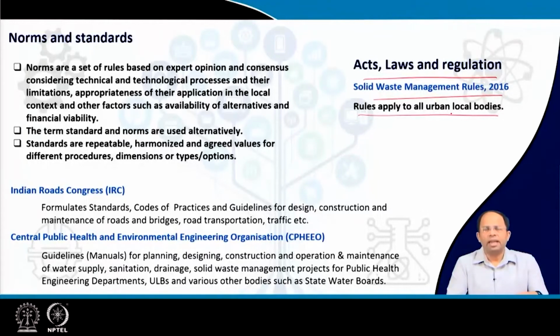And then certain techniques have certain limitations and should not be applied somewhere. These are also guided by experts, as to where they should or should not be provided. Similarly, the alternatives appropriate for a particular area are also suggested via these norms and standards.